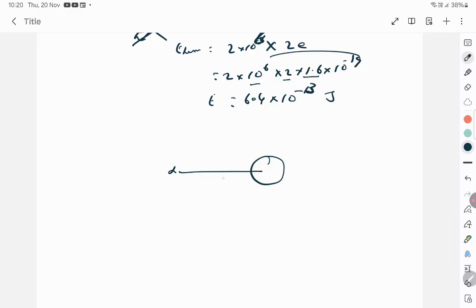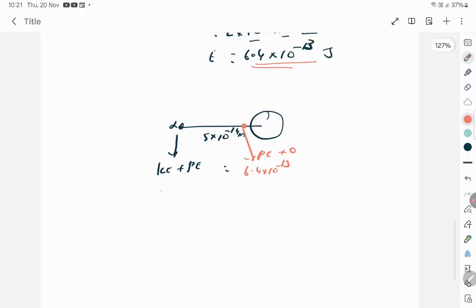At this point you will have kinetic energy plus potential energy, which will be equal to the energy at the closest distance, which is 6.4 × 10^-13. At the closest point you only have potential energy, no kinetic energy. Closest is potential energy, farthest is kinetic energy, so the kinetic energy there is 0.